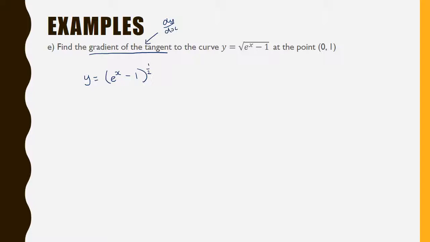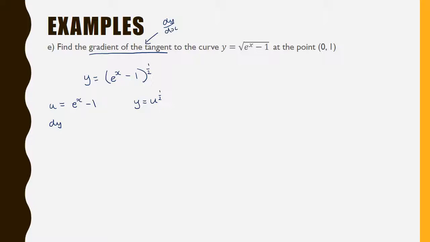If we are using the chain rule by writing it out, we would get u equals the inside function, e to the x minus 1, and y equals u to the power of a half.